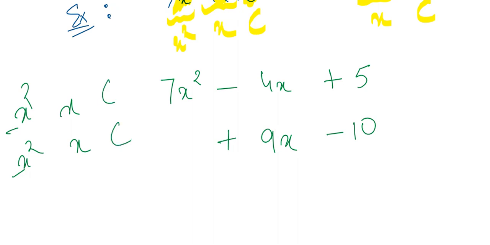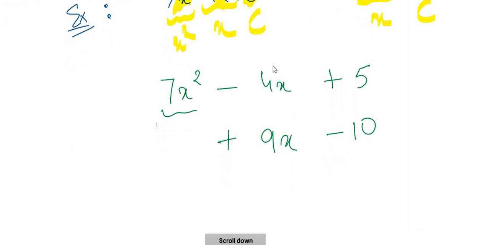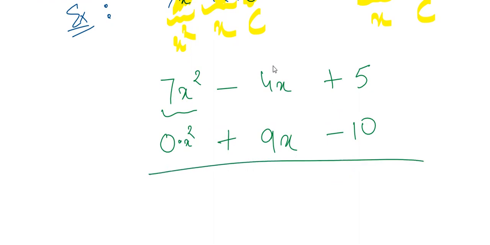So this is a general thumb rule you should know for solving any addition or subtraction of algebraic expressions. Below which I cannot put anything, since I am not having an x square term here, so I will just add 0 times x square, since 0 times any term would yield 0. We would be treating it as 0 only.